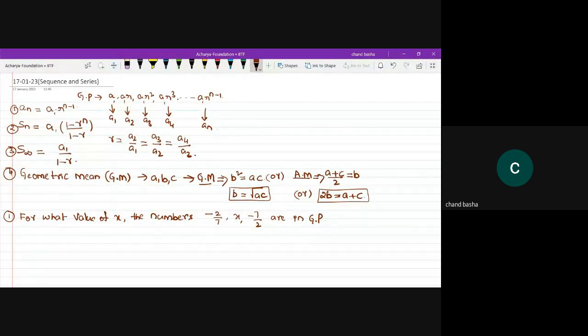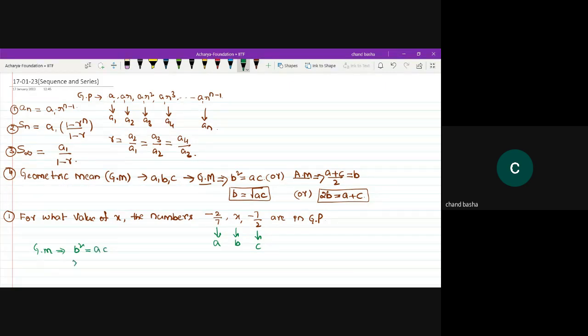As I said, guys, let us see. If you want, you can make use of the geometric mean concept. If I denote this with A, this B and this C, the geometric mean concept says the middle term square is equal to the product of the extremes.